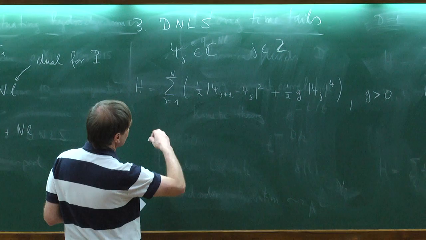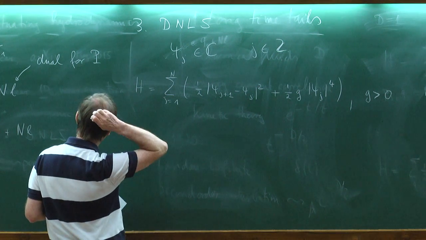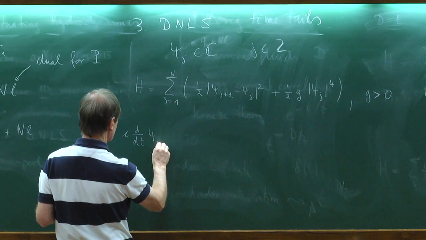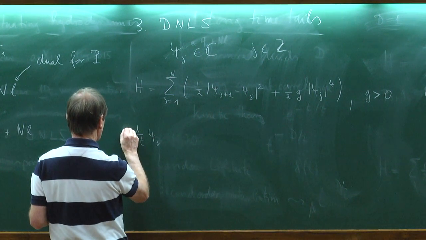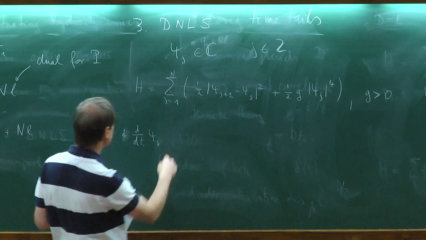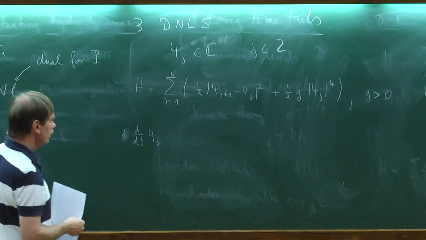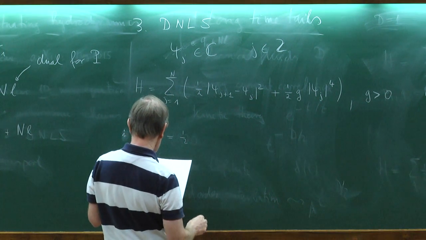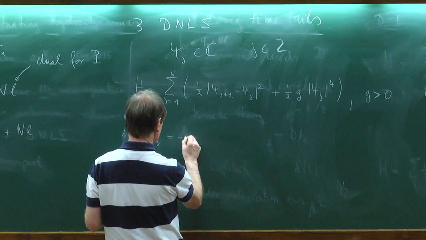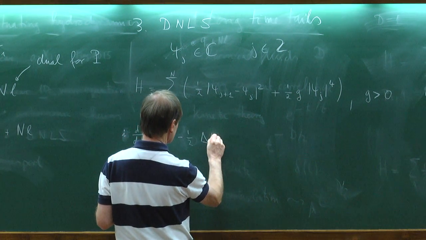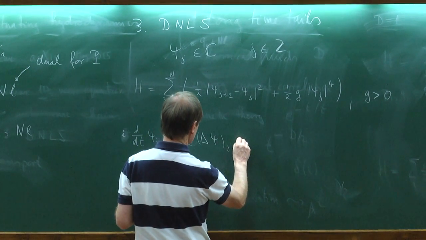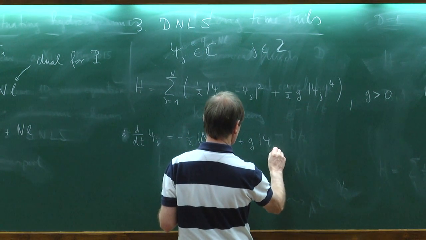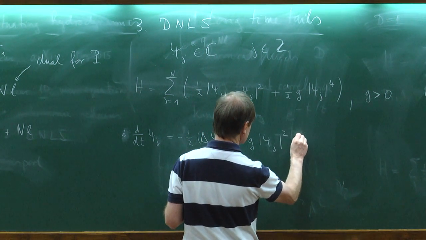If you just write down the usual Hamiltonian equations of motion, it ends up as: i, where here i is the square root of -1, times the time derivative of psi_j, equals minus 1/2 the discrete Laplacian at j, plus the cubic nonlinearity, which is on-site, |psi_j|^2 times psi_j.